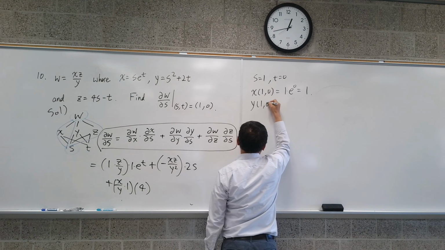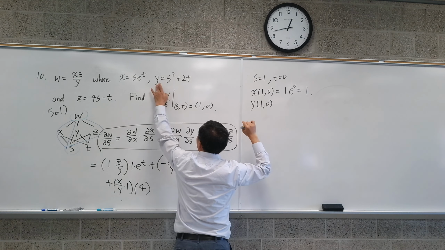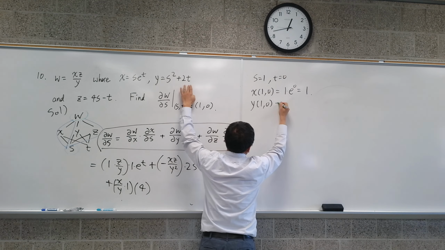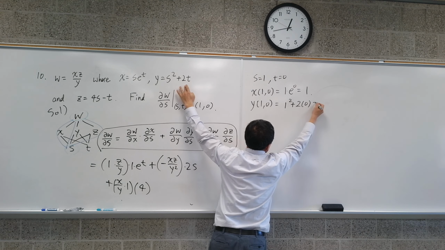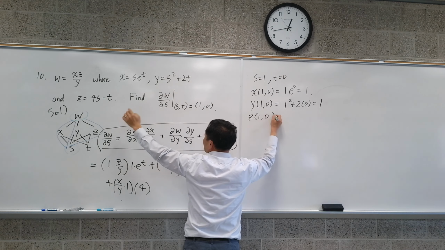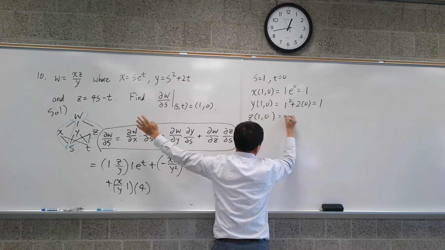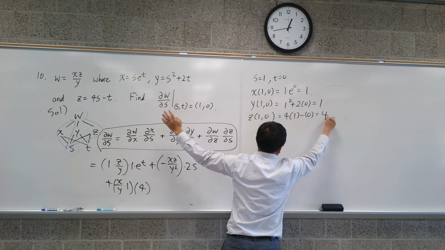Y at (1, 0): s is 1 and t is 0, and y is s squared plus 2t, so this is 1 squared plus 2 times 0, which is 1. Z at (1, 0) is plugging in 1 into s and 0 into t, so you get 4.